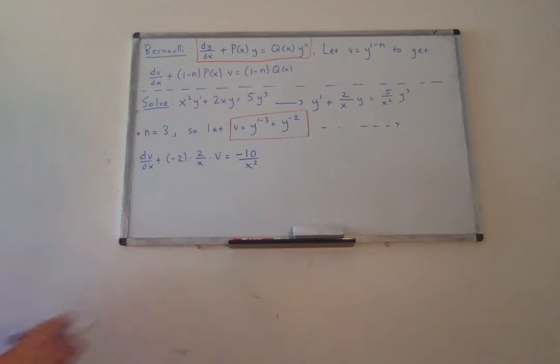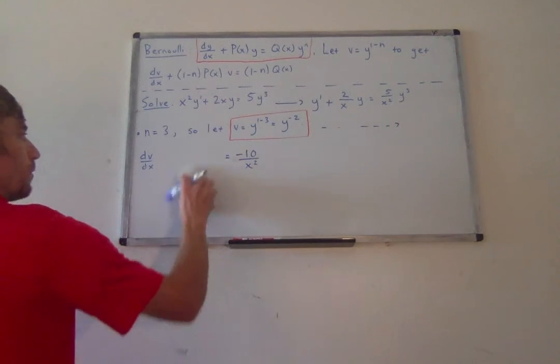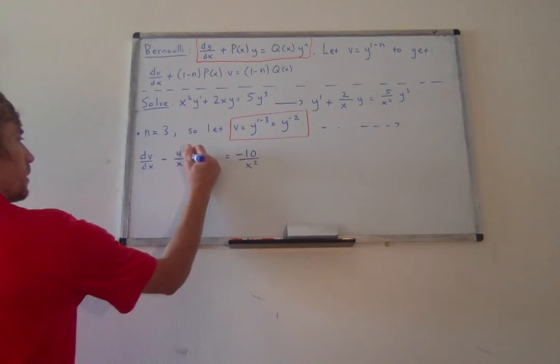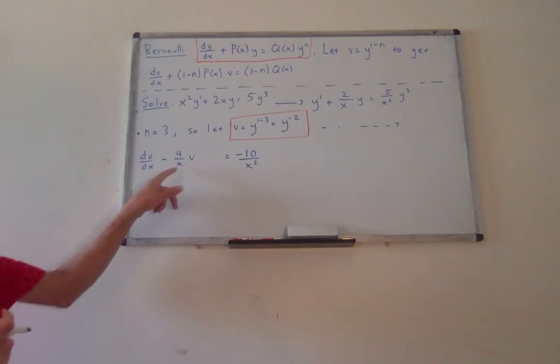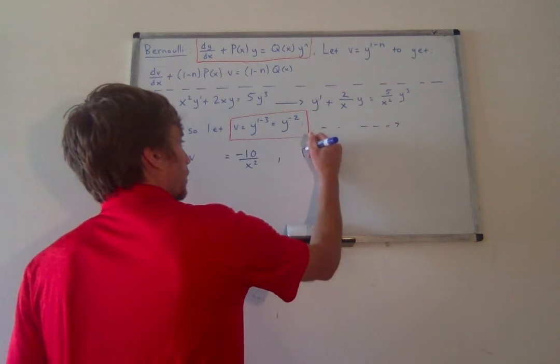And so this negative 2, maybe I could follow through with it to simplify this equation a little bit, and this would be minus 4 over x times v. And so now you notice this is a linear equation. And so we can solve an equation of this form with an integrating factor.